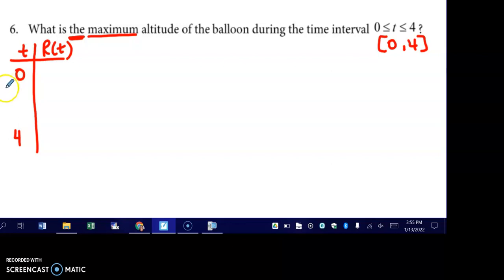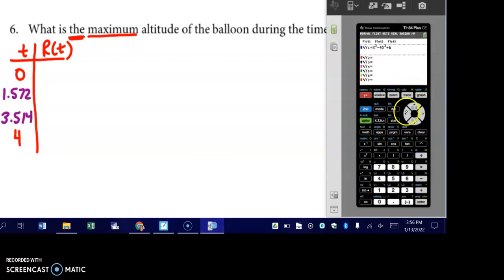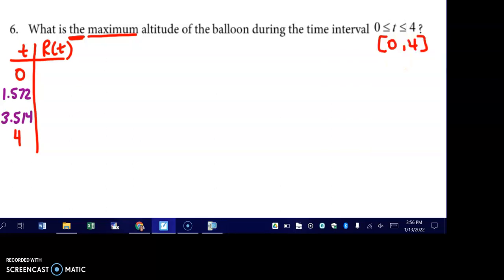I had something interesting happening at 1.572. It was where my derivative was 0. And at 3.514 was also where my derivative was 0. If we go back to our graph, right, where is this derivative equal to 0? Those were our two critical numbers. Well, now I need to do a candidate's test.